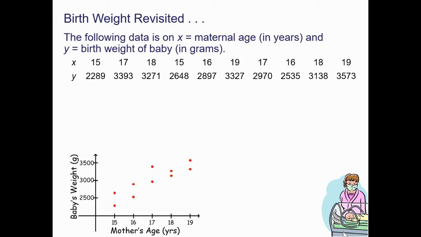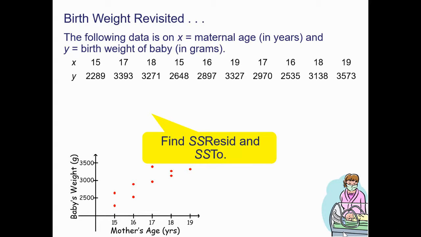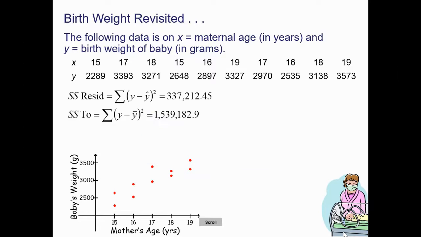Okay, so let's revisit that birth weight example that we have been dealing with. They ask us to find the sum of squared residuals and total sum of squares. We did this in detail in Chapter 5.